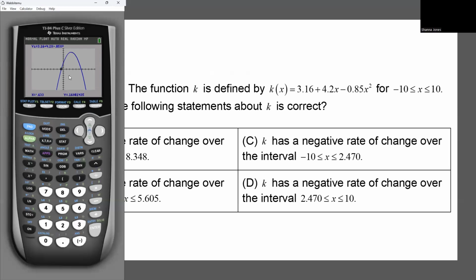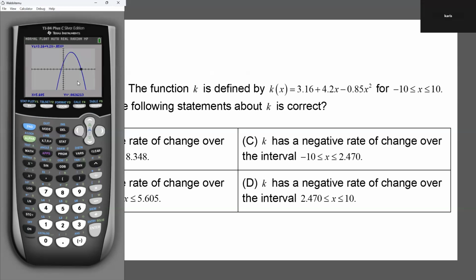So this is negative 0.633, and it goes to positive 5. So if I go from here to 5, second trace. 5.605. They're actually constant, and those are your zeros.